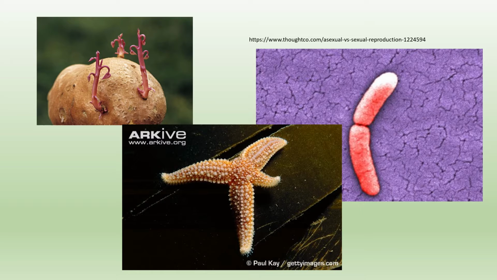When we talk about eukaryotes, especially the vertebrate animals, we need to talk about sexual reproduction. This is where a sperm and an egg come together and fuse to form a new individual. The sperm and the egg both have half the number of chromosomes as an adult of that species.